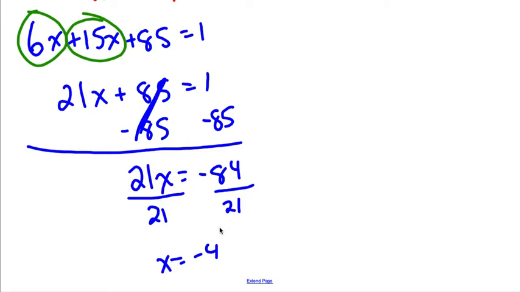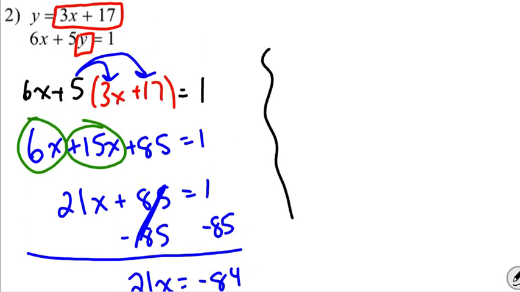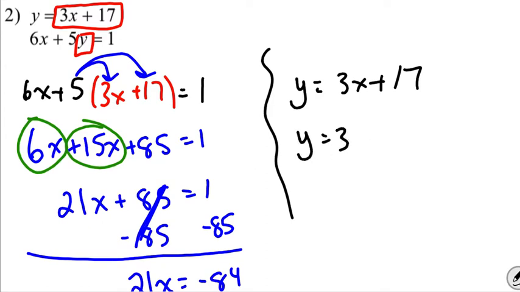But again, we are not finished. We need to take that negative 4, come back up here to the top, take this y equals 3x plus 17, and I will plug in for x negative 4 because I just solved that, right?